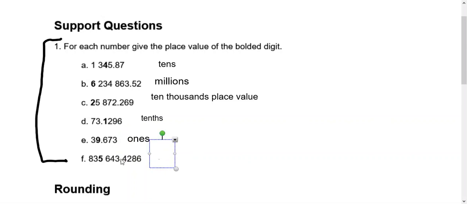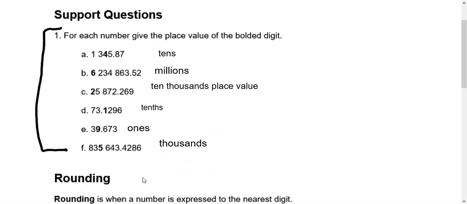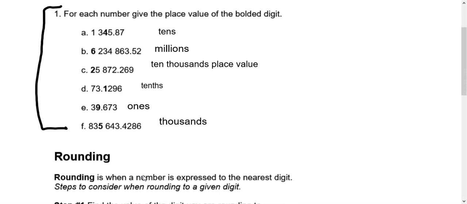And this one is tenths, hundredths, thousandths. So that's what we're working towards. Hopefully that's helped you a little bit, and hopefully it came up when you practiced.